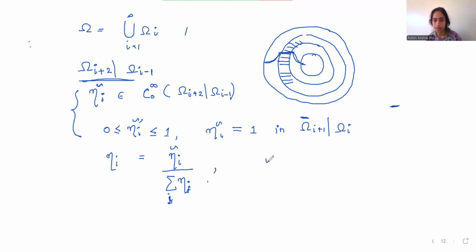With this partition of unity, you multiply your function u to make the truncation. So this will truncate your function. You can check that if u is in Sobolev and you multiply that Sobolev function with some C-infinity function, then the whole multiplication is also Sobolev.